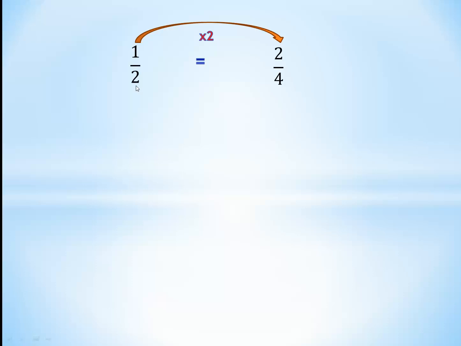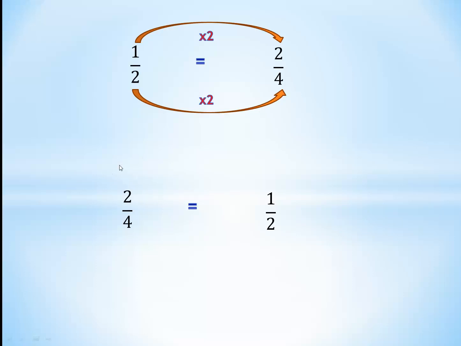If we multiply the numerator by a number, we must multiply the denominator by the same number. So 2 times 2 equals 4. Here, 2/4 equals 1/2.